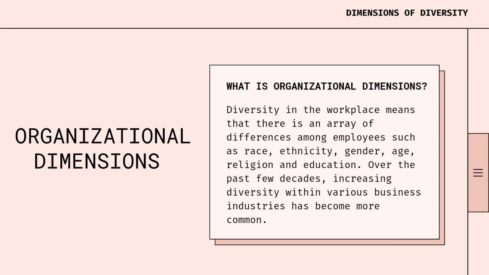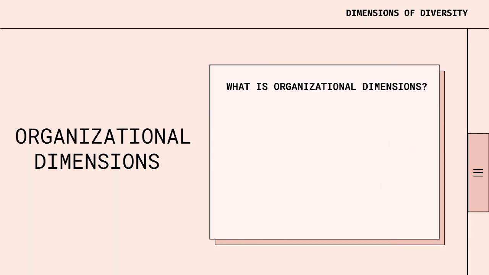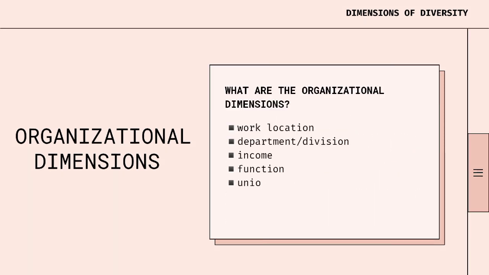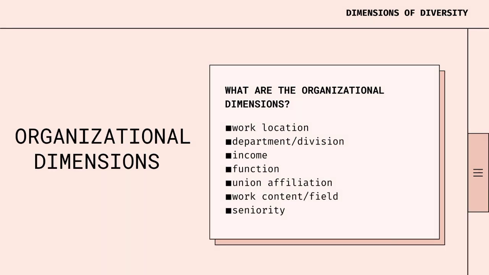So these dimensions concern the aspect of culture found in a work setting. These are the characteristics that belong to organizational dimensions: work, department or division, income, function, union affiliation, work content or field, and seniority.